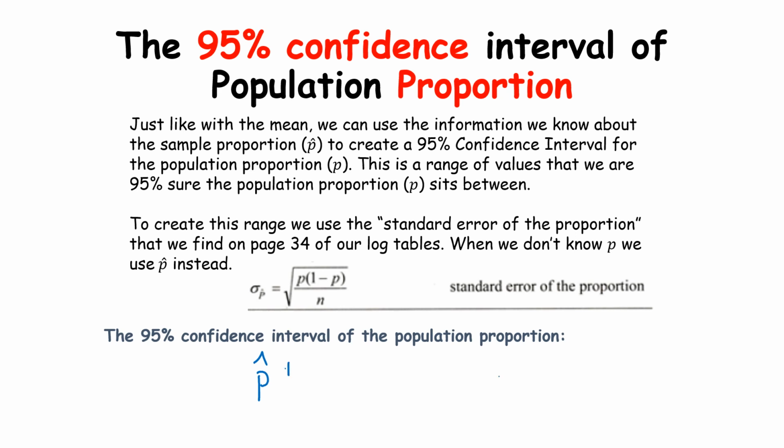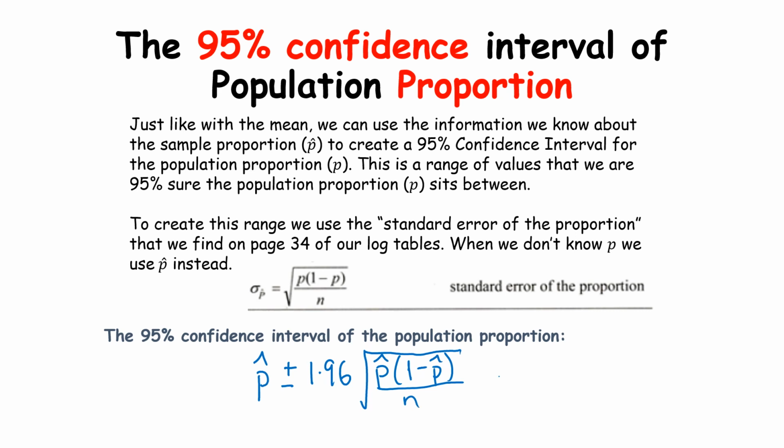Give or take, so that's going to be plus or minus some piece. Because we're dealing with 95% confidence, we're going to talk about 1.96, and the piece in this case, so give or take 1.96 times this piece, that is going to be the standard error of the proportion. Because I won't know p, I'm trying to do the interval for p, we're going to use p hat in this formula instead, and it will look something like that.